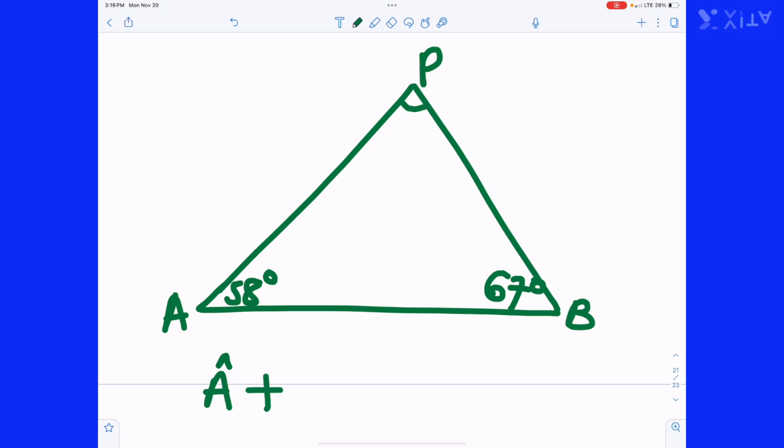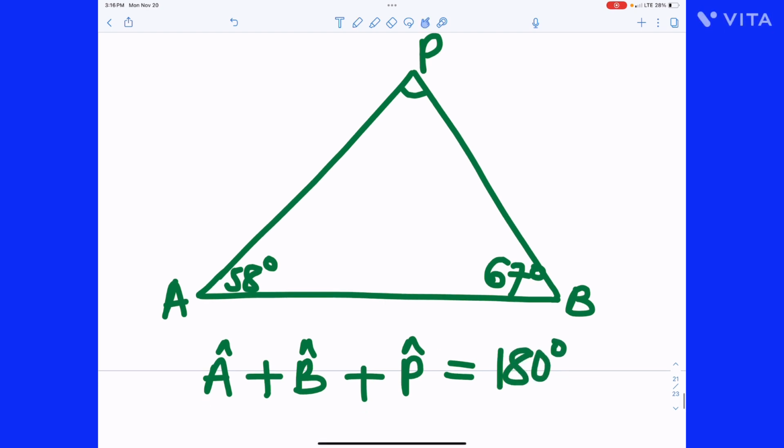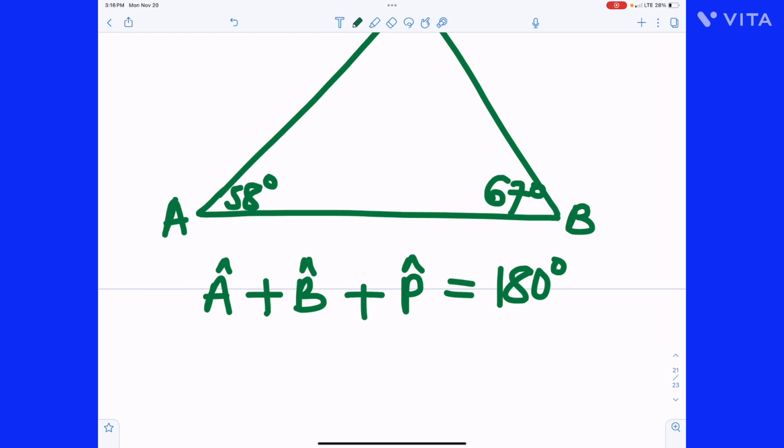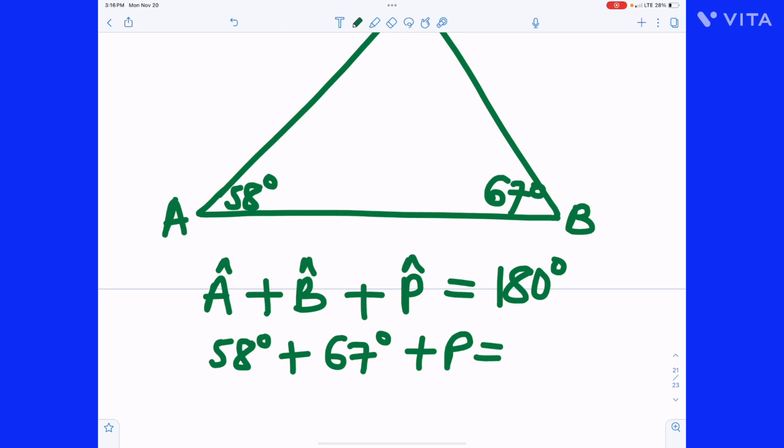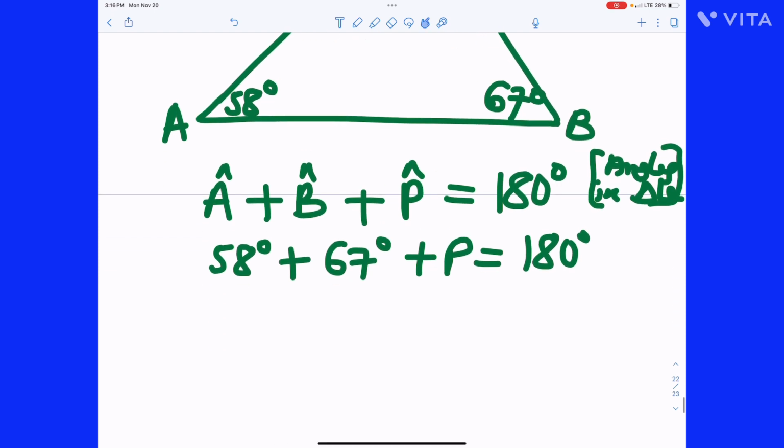Angle A plus angle B plus angle P is 180 degrees. So 58 plus 67 plus angle P is 180. Your reason must be in brackets here, sorry, I forgot that. You can simply write angles in a triangle, or sum of angles in a triangle.